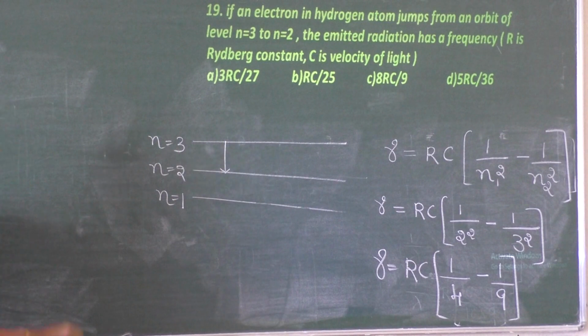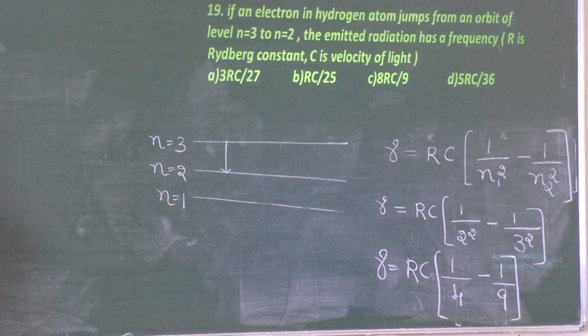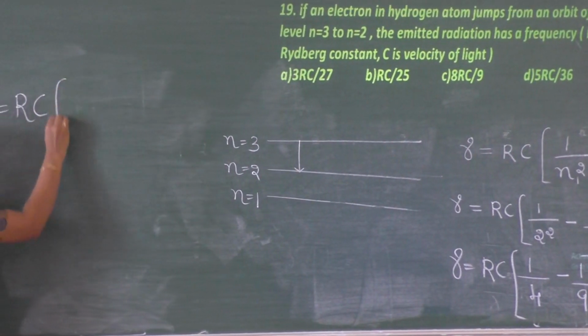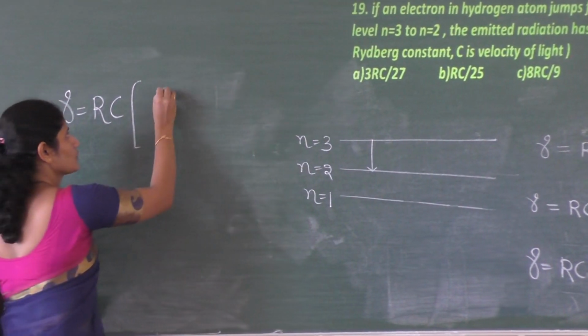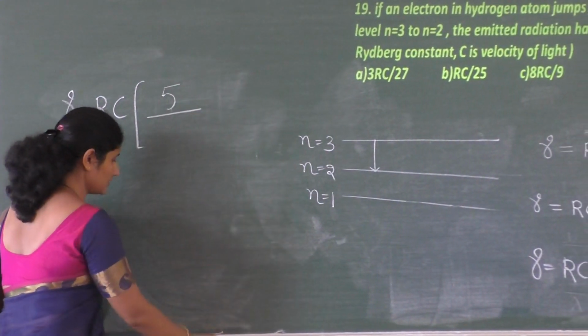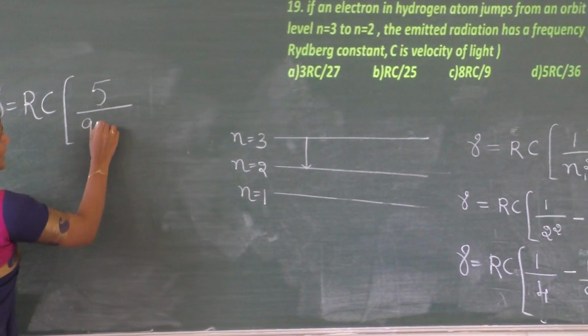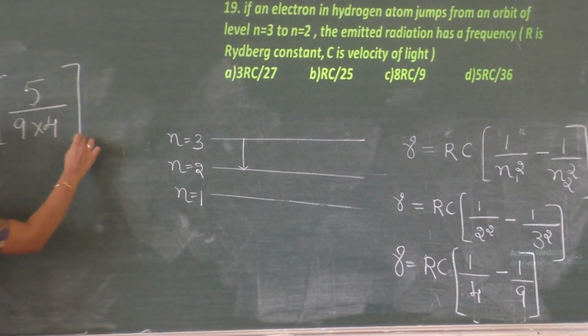So nu is equal to Rc into 9 minus 4, which is 5, divided by 9 into 4, 36.